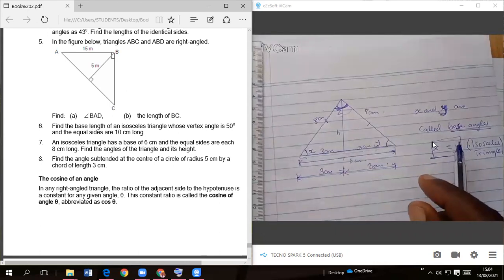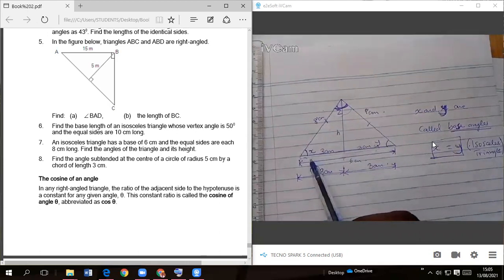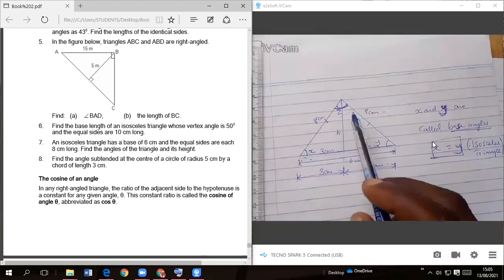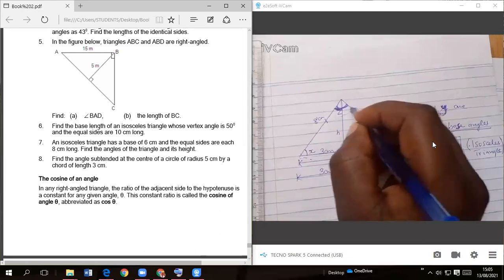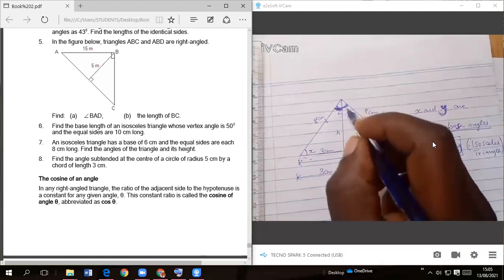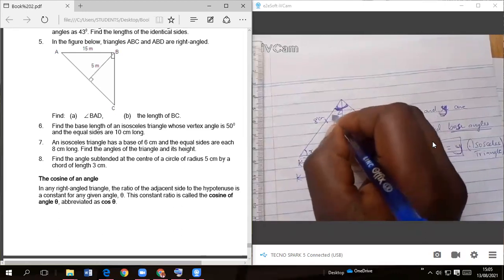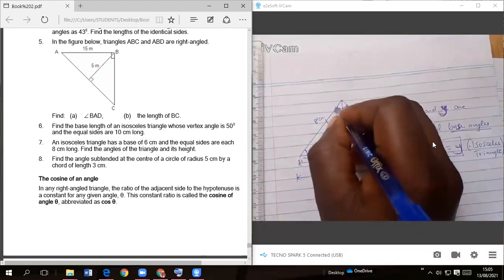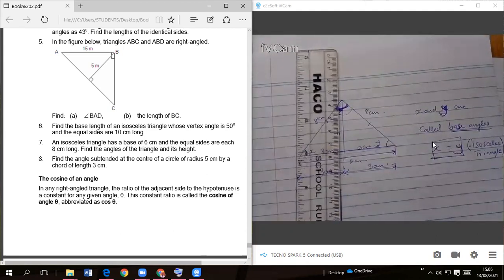So we can use sine. We can use sine and we can find this angle first. So we are going to first find this angle here, and later on we find this angle. So let me first draw the right angled triangle I'm talking about.